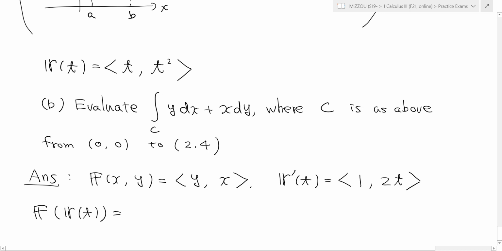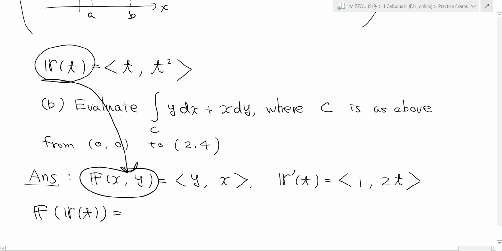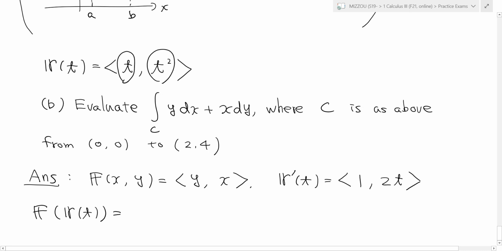What does that mean? That means you plug in the parameterization to F here. That means in this case, you set x to be t and y to be t squared. So y is t squared and x is t.